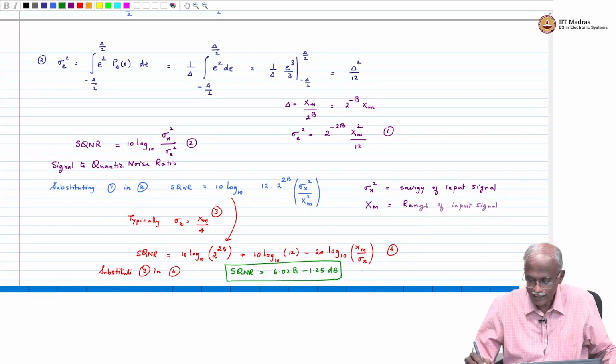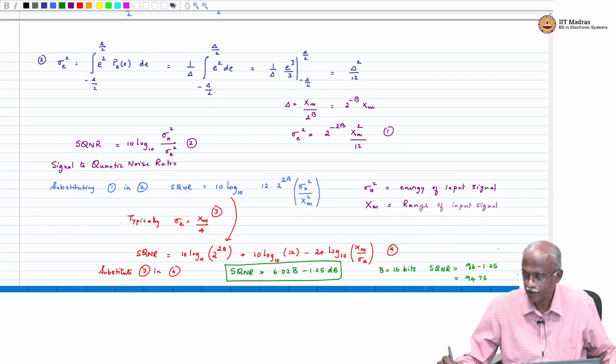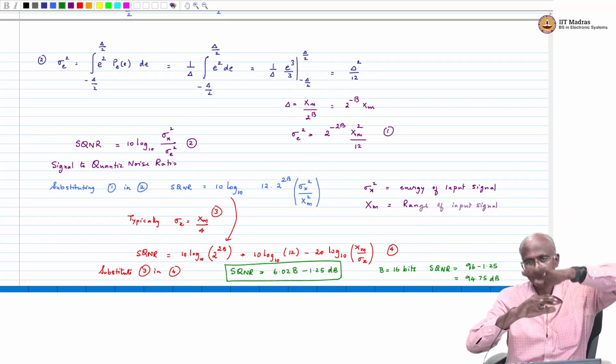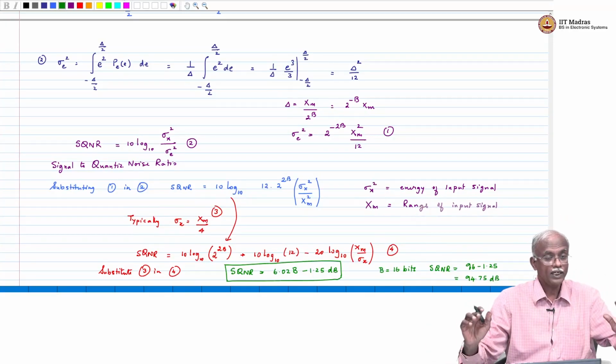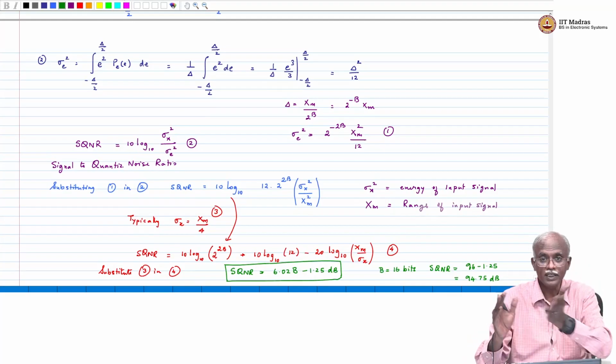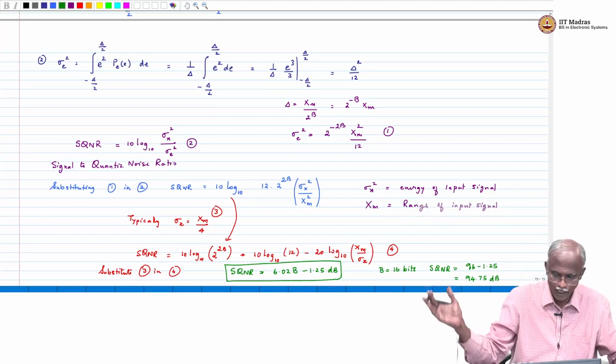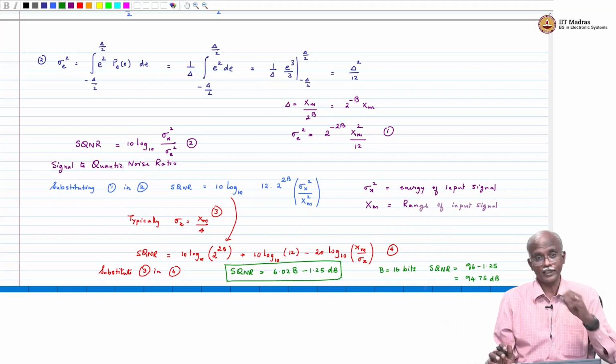For example, if B is equal to 16 bits, SQNR is equal to 96 minus 1.25, which is approximately 94.75 dB. With 16 bits, the quantization noise is very small. On the other hand, if you have quantized it to 4 bits, you can see what the signal to quantization noise ratio will be. Your quantization noise is going to cause a lot of impairments in your signal.